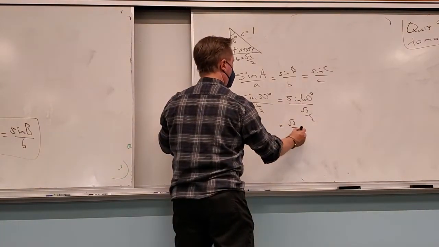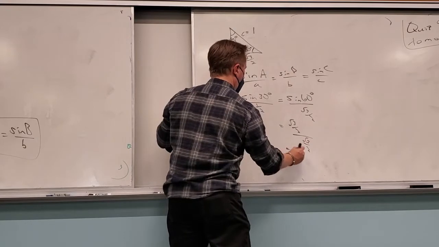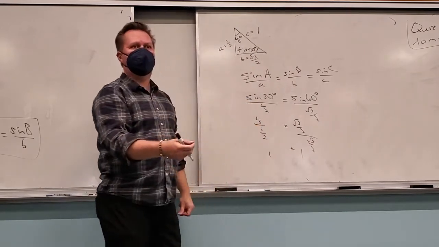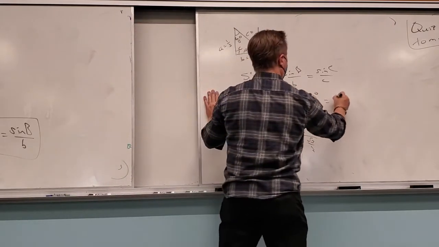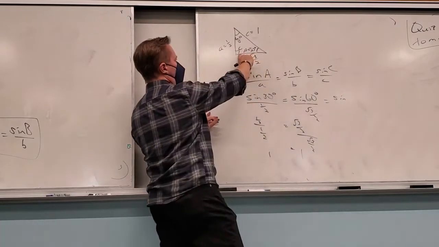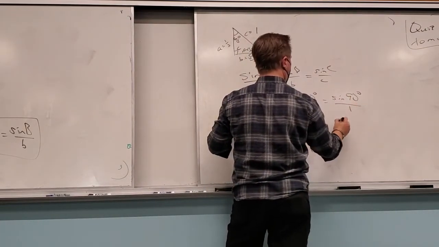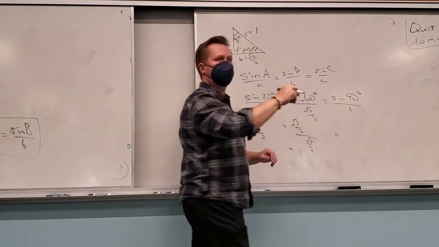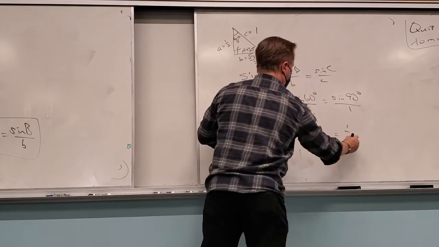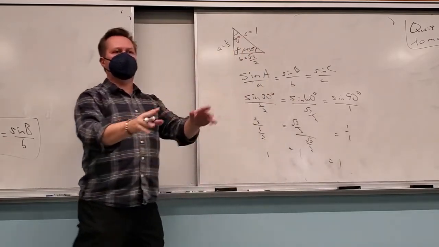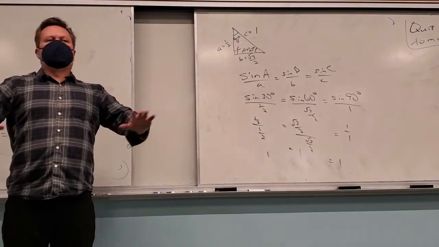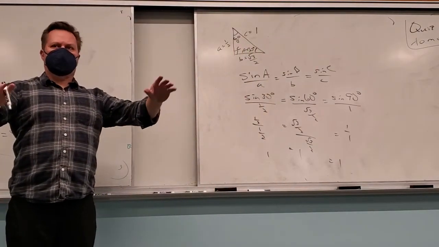Rad 3 over 2. Still 1. So those are true, right? 1 equals 1. And what's angle C? That's going to be the right angle, right? So what's sine of 90 degrees? 1. And whatever side C is, 1. Okay, so that's a silly example. For any right triangle, it's obviously going to be true.